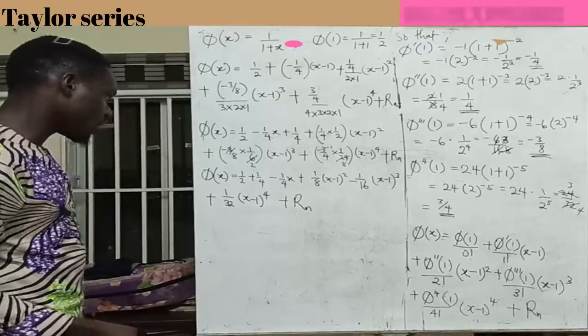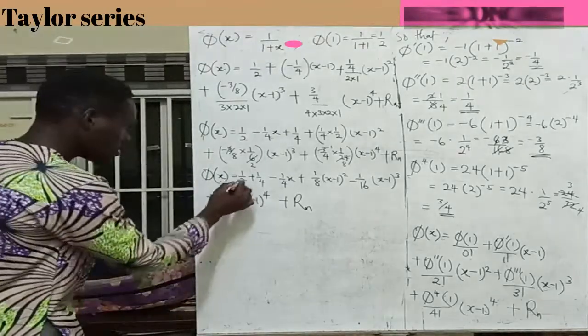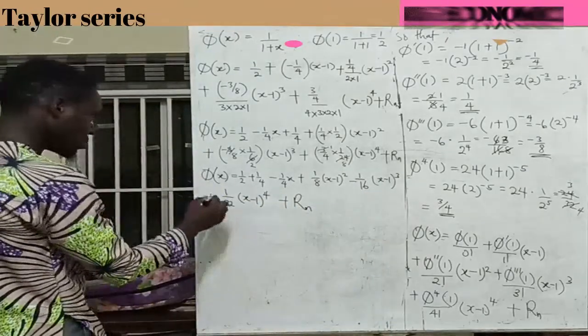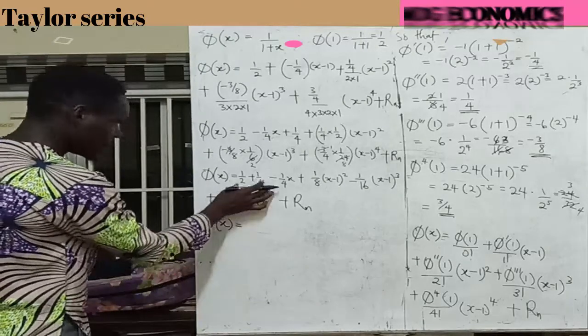Alright, so from here, I think all we have to do is, don't bother about expanding the bracket. All we have to do from here is just add this together.